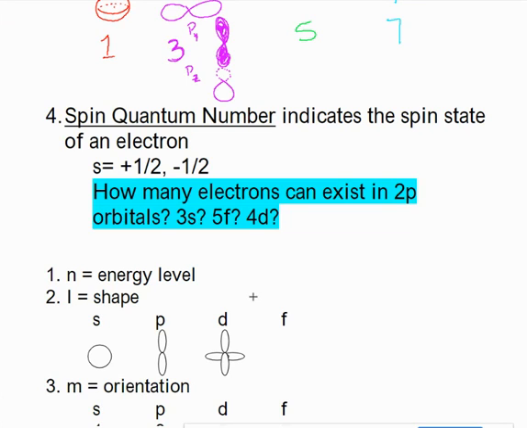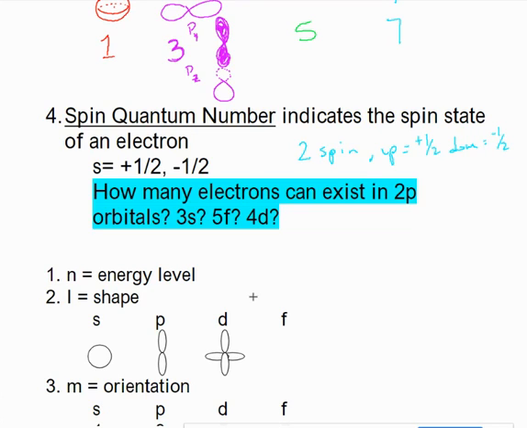All you need to know is that you have a spin up, which is plus 1/2, and a spin down, which is minus 1/2. So there are 2 possible spin numbers.